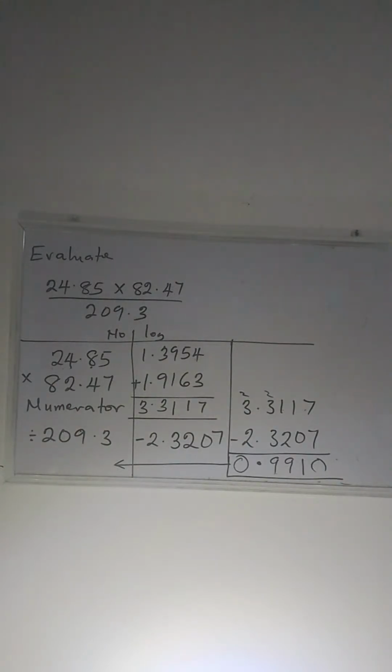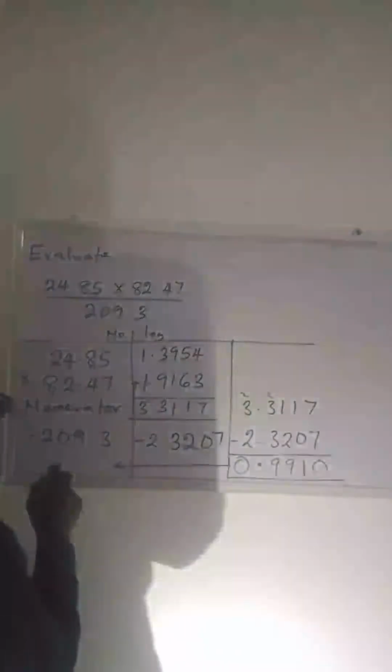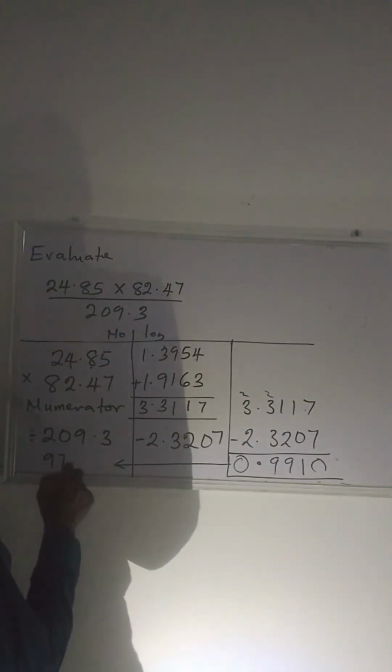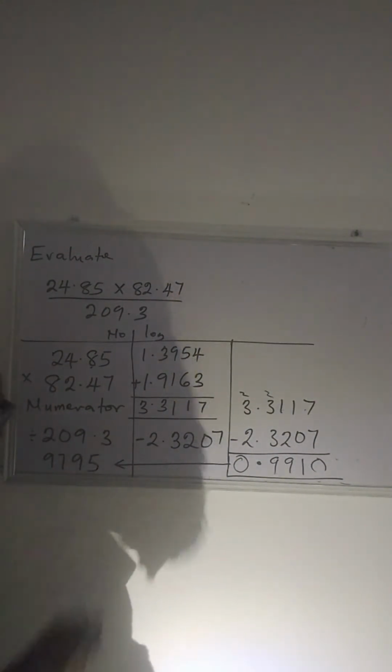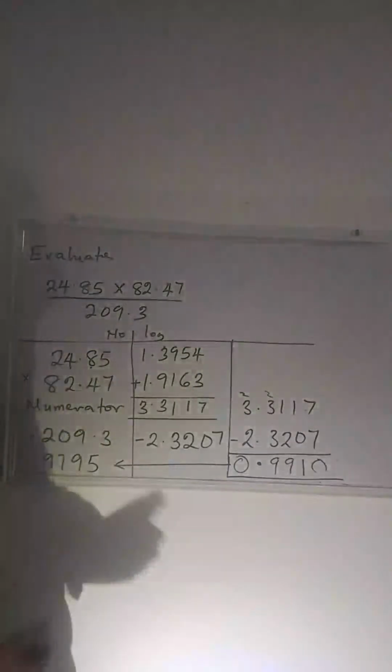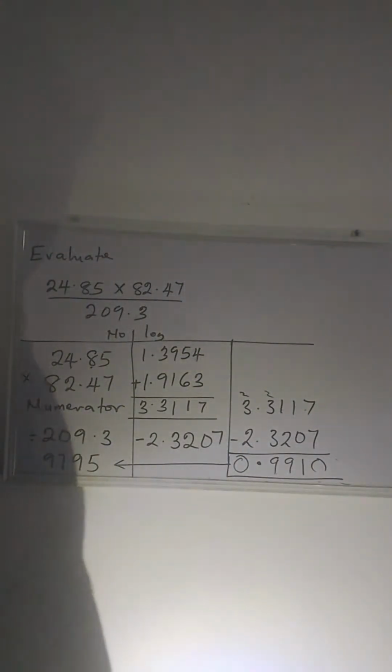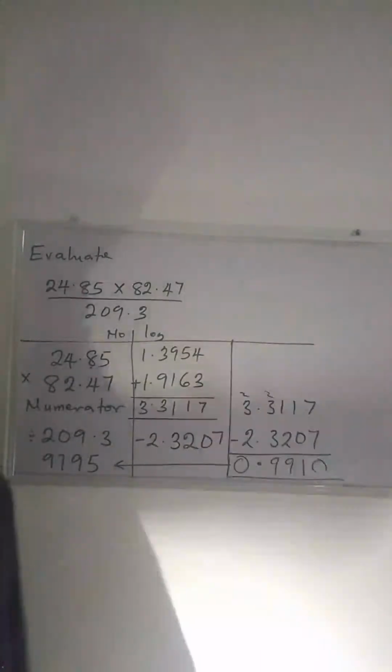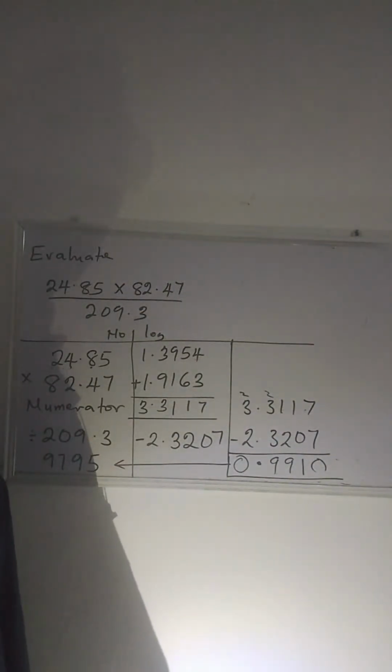Okay, as antilog, 9795 is going to be the correct answer. If you check your 4-figure table, this is what we're going to have. So those of you that got the answer, now clap for yourself.